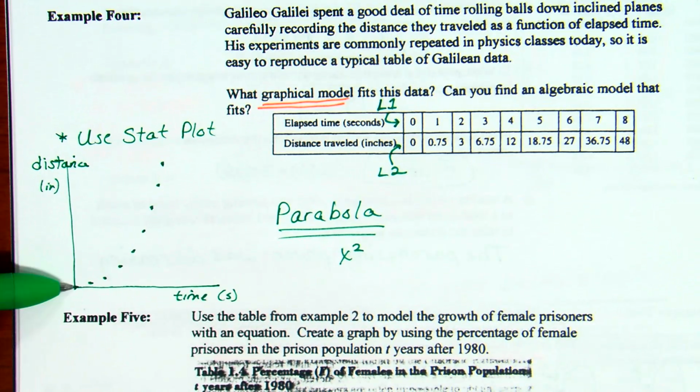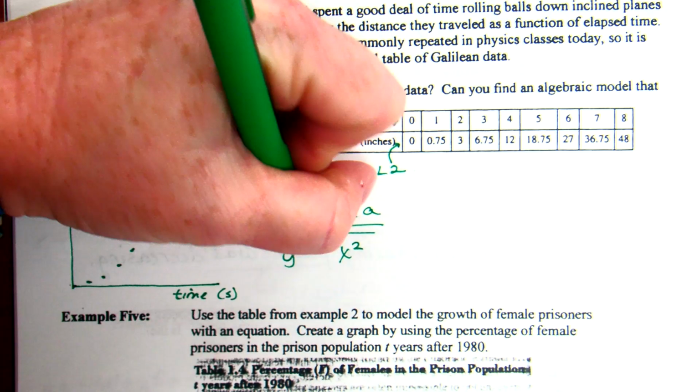Now, here's the deal. This parabola goes through 0, 0. We know that, right? So since it goes through 0, 0, it's going to be y equals some type of x squared. So we don't have to worry about plus or minus anything. We don't have to think about x squared plus x plus a number. But we do have to consider, is this just y equals x squared?